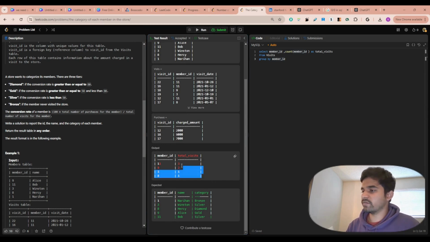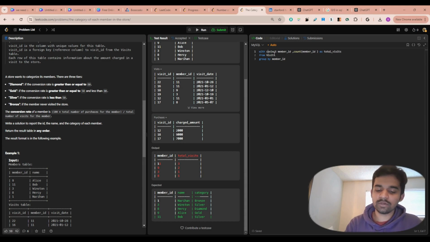So you could see that we get an output where we have the total number of visits for every member, and let's convert it into a common table expression because we won't be needing the output query right now.